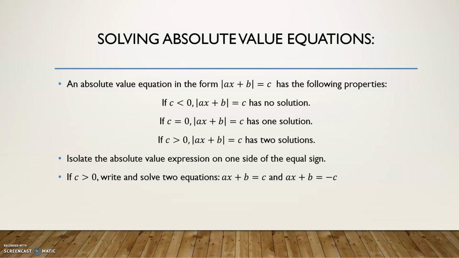So what you're going to do is isolate the absolute value expression, kind of like you did with the radicals, on one side of the equation, everything else on the other. If c is greater than 0, write and solve two equations. Ax plus b is equal to c, and ax plus b is equal to a negative c.